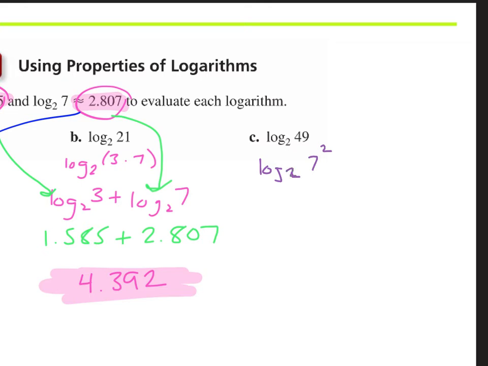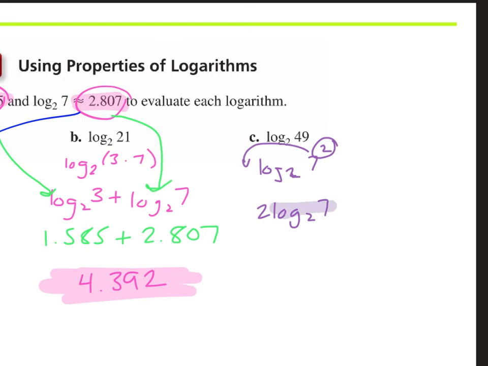Either way, you'll get the same answer, but I just want to use the third property that we have. What can we do with that 2? Using our properties. Move it in front. Awesome. We just take that 2, move it out front. So we have 2 times log base 2 of 7.